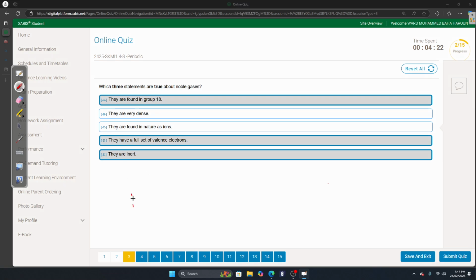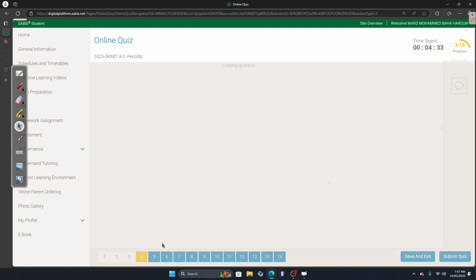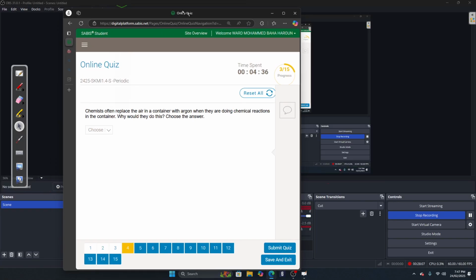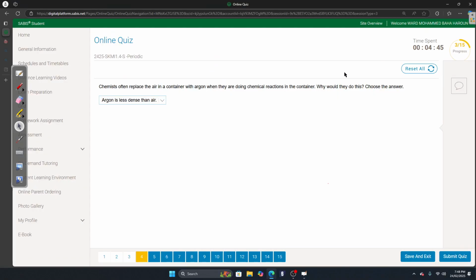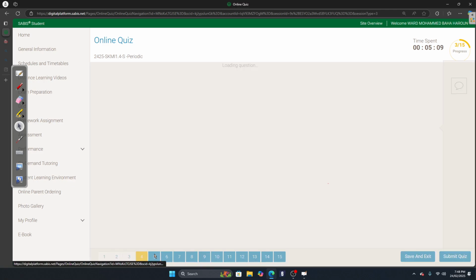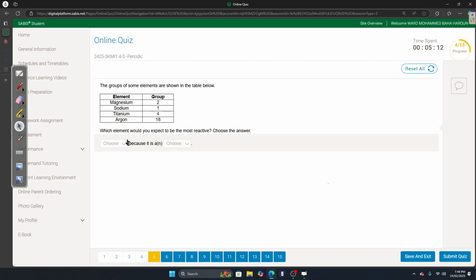Inert is basically that they do not react with other elements because of their electron shell. Chemists often replace the air in the container with argon when they're doing chemical reactions. I think argon is less dense than air, right? It's because argon is unreactive. Just memorize it. I don't even know.